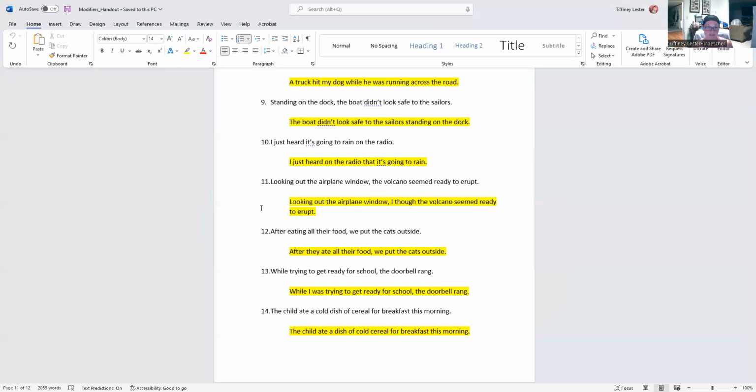The volcano is not sitting by the airplane window, is not looking out the airplane window, but it probably is ready to erupt, or at least looks that way. But the person sitting in the plane and looking out the window is missing from the sentence, so they need to be added in. Looking out the airplane window, I thought the volcano seemed ready to erupt. Right?